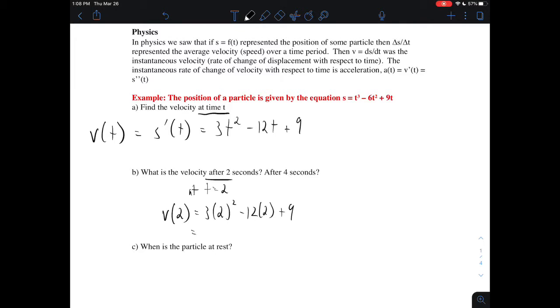This turns into 3 times 4, which is 12, minus 12 times 2, which is 24, plus 9. And that would give us negative 3. And we do want to have some units here. We can assume that we're talking about meters for position and seconds for time, because we've seen that before when we've talked about position, velocity, and acceleration. So how about meters per second?